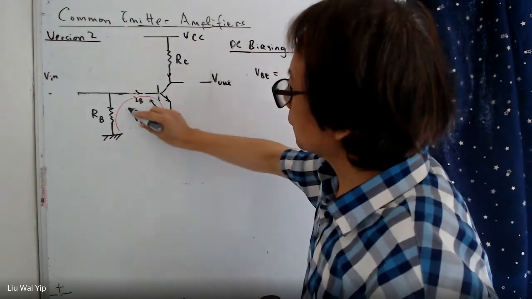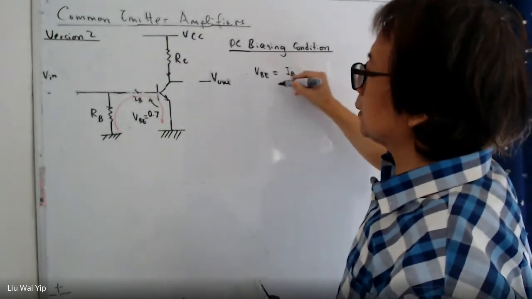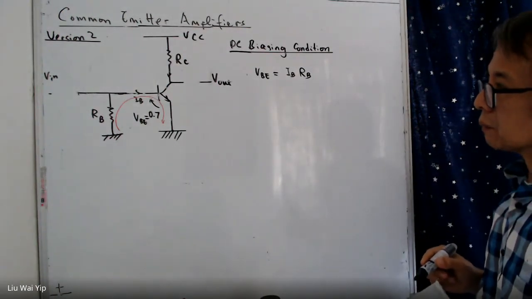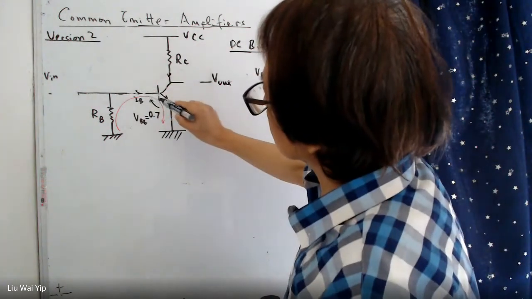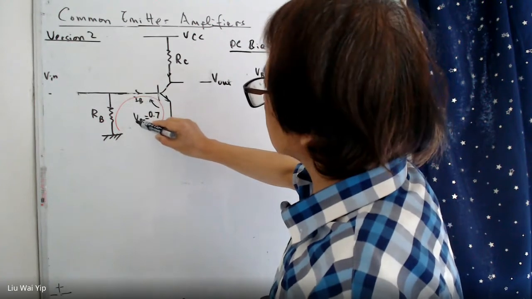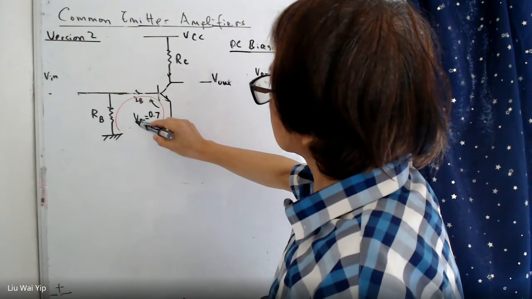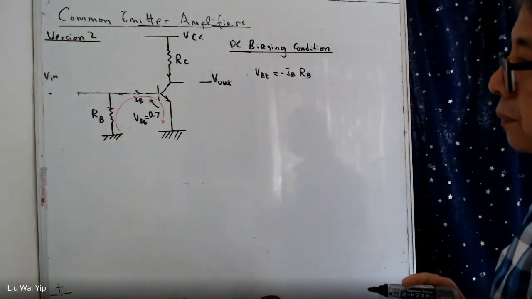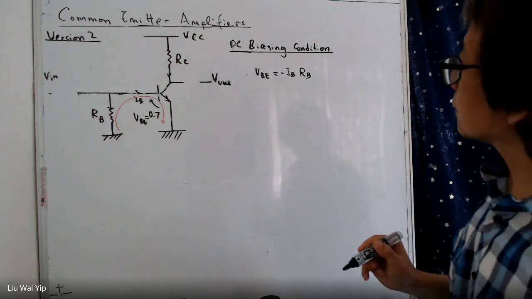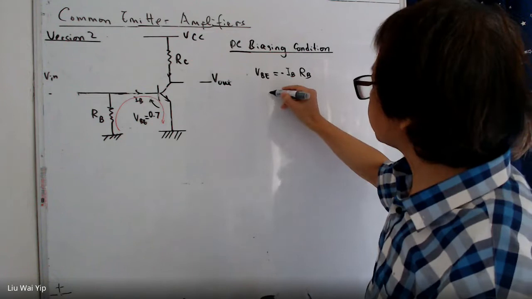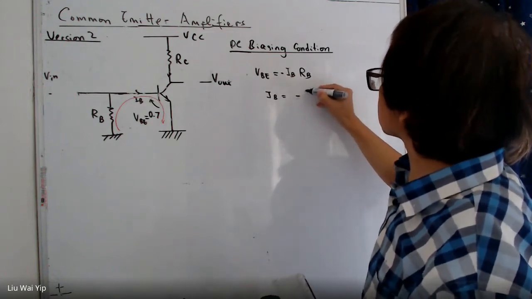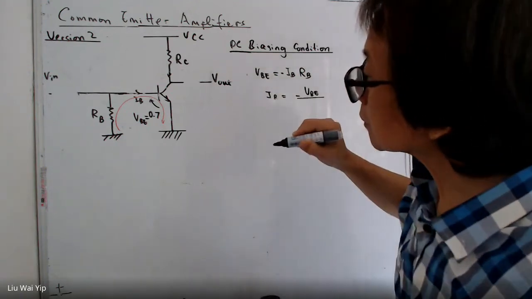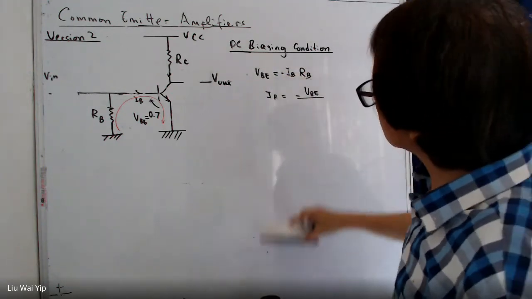So by using Kirchhoff's voltage law, we have VBE equals to IB times RB. Actually we don't need to use the minus sign.